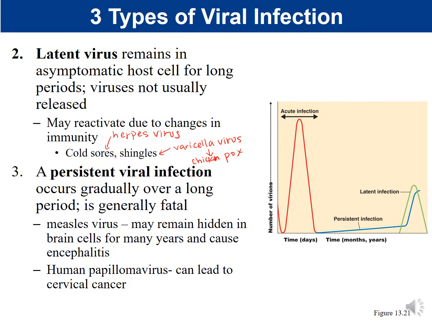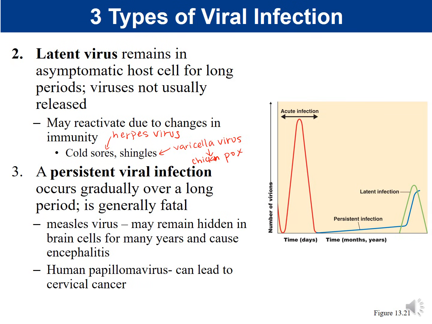In a latent infection, no virus particles, again, they're like in hibernation, so no virions are produced, but in response to some stimuli, it might reactivate that infection so that the cells produce those virus particles. Whereas persistent, we just make them slowly over time.